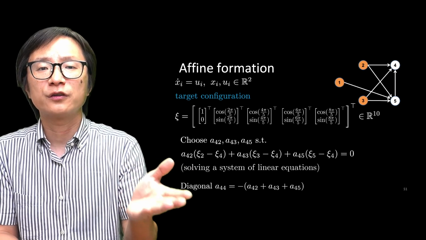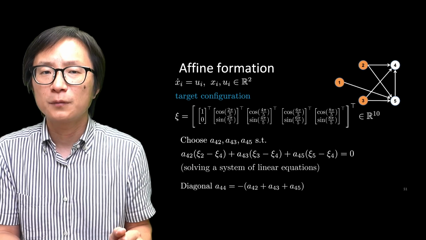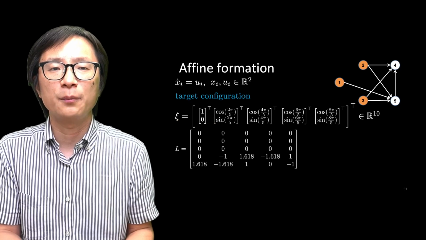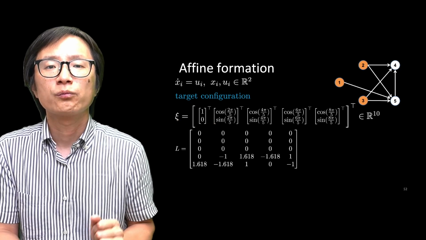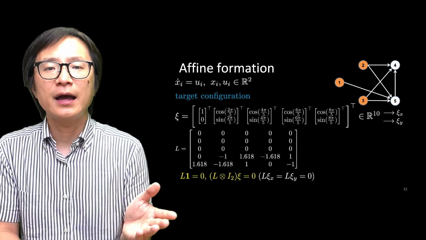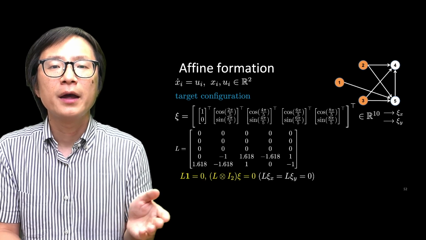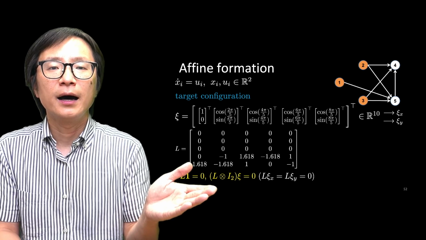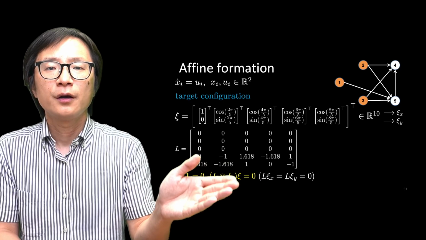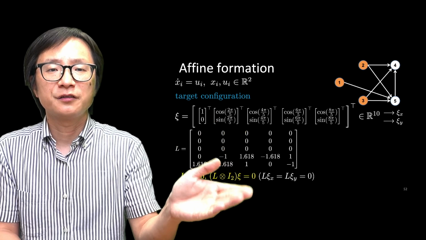Therefore, we know that with 3 neighbors, this is always doable. And finally, we just need to set the diagonal entry of the signed Laplacian so that the row sum is 0. And we can do it for node 5 exactly the same way. And this is the resulting signed Laplacian. We can verify that every row sums up to 0, so 1 is in the kernel of L. And we can also verify that L Kronecker product I2 times the target configuration, which is a regular pentagon, is 0.